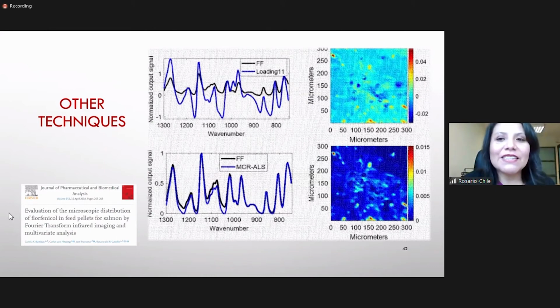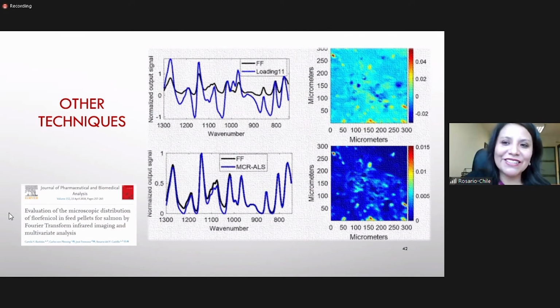But in infrared spectroscopy, we have another possibility to mixture an imaging with a chemical information.